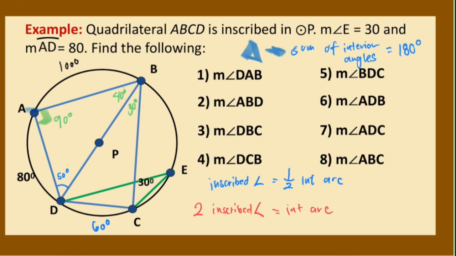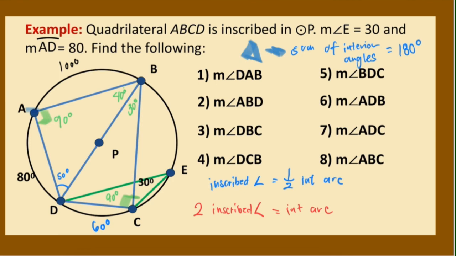What else? There's still a lot. DCB intercepts a semicircle again. Because again, it connects to the diameter. Therefore, this one right here should be a right angle also. This one is equal to 90 degrees.